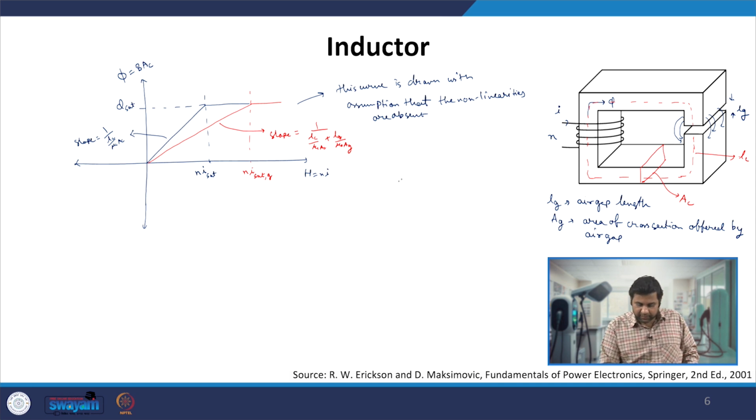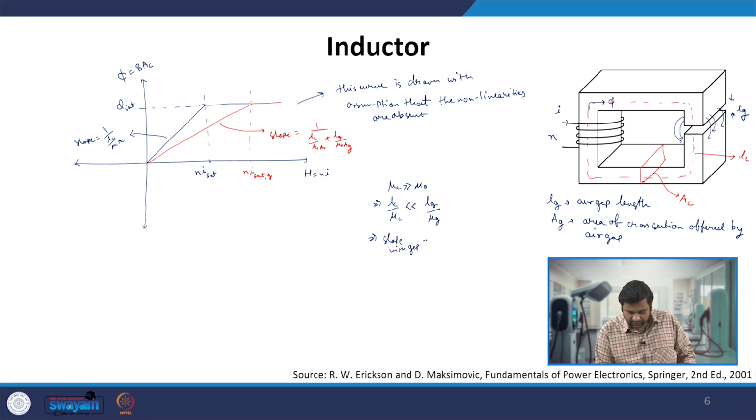Now if you look very carefully, we know that mu c is greater than mu naught, and that is when we can say that Lc by mu c is very much lesser than Lg by mu g. So the slope with air gap is nothing but mu naught Ag by Lg, and that is when the slope is proportional to mu naught, and the slope value is very small.